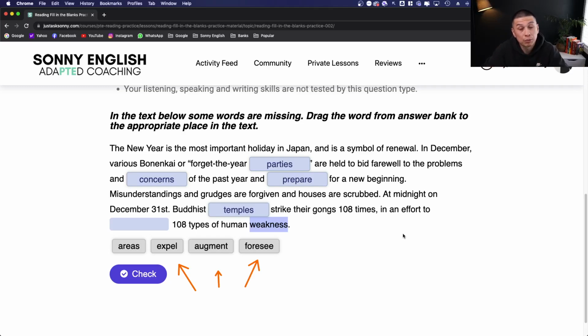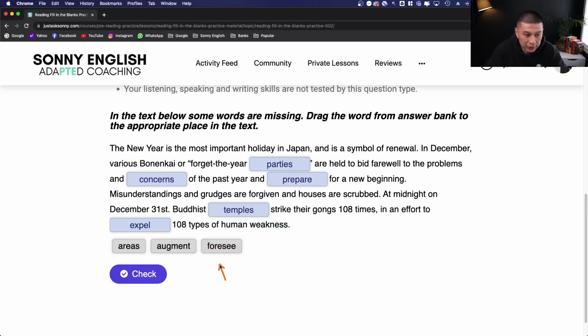If no, it's probably negative. And do you agree that expel is the closest thing to the negative? Expel means to remove. It's a negative word for remove. For example, to be expelled from school. True story. I've had that experience. That means to kick you out of school. Okay? So right here, we want to expel weaknesses.